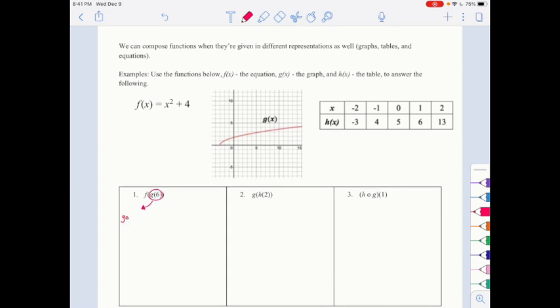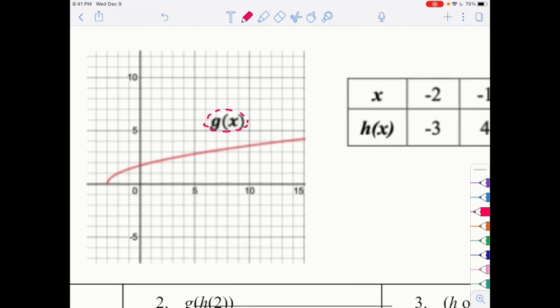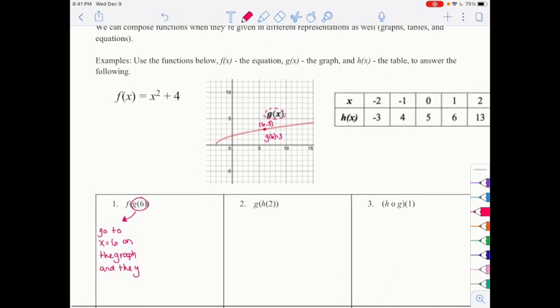So go to the graph, because the graph is g. Go to x equals 6 on the graph and find the output, or find the y. So I'm going to go to 6, and I'm going to follow it up to this point here, which is the point (6, 3). So g of 6 is 3.